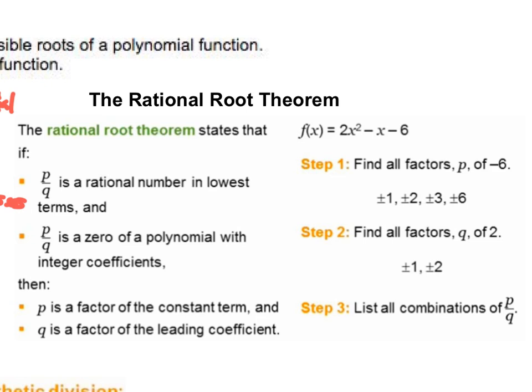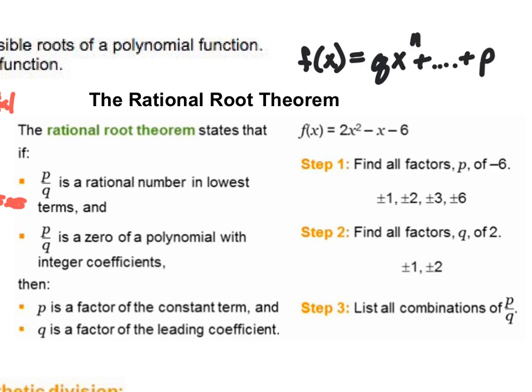Now the way I like to describe it is that when you have a function, say f of x, okay, is equal to, and let's start off with, say, q x to the n power plus some number p.